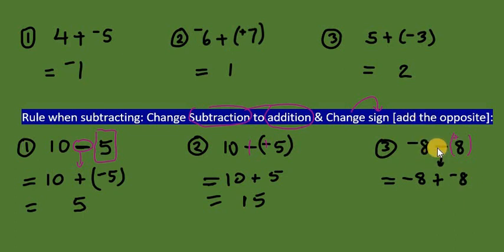Again, we add the opposite. So negative 8 plus negative 8. Now when we're adding, what's the rule? Yes, that's correct. When we're adding two numbers with the same sign, we add the numbers and keep the sign. So if you have all of these, then that's great.